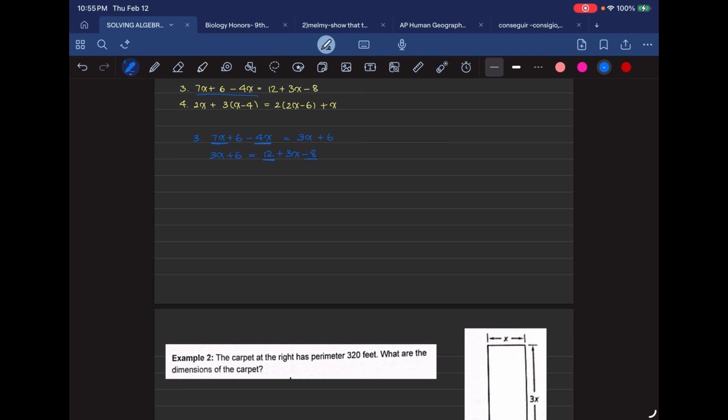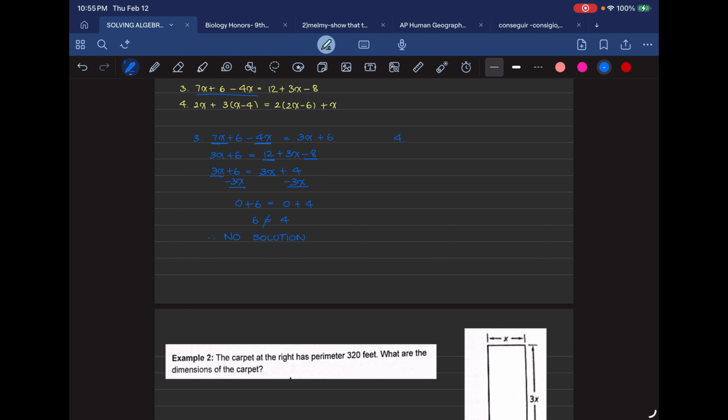And again, 12 and minus 8 are like terms, so it equals 3x plus 4. Let's subtract 3x on both sides. And look, 3x minus 3x is 0. So we'll get 0 plus 6 equals 0 plus 4, which gives us 6 equals 4, which is not the same. So for this kind of problem, we say we have no solution.